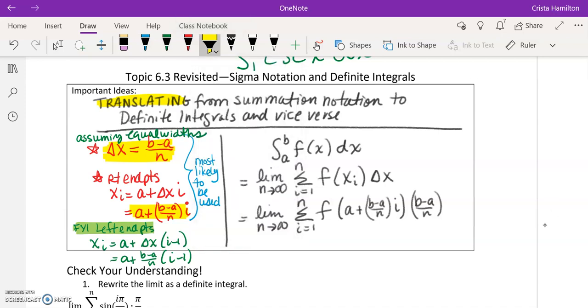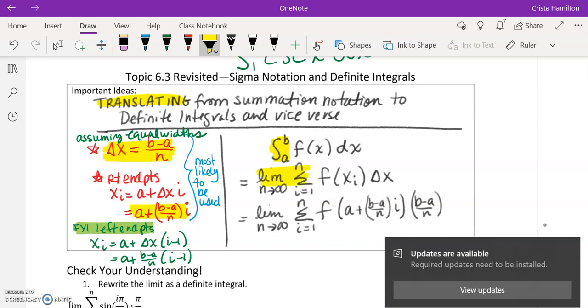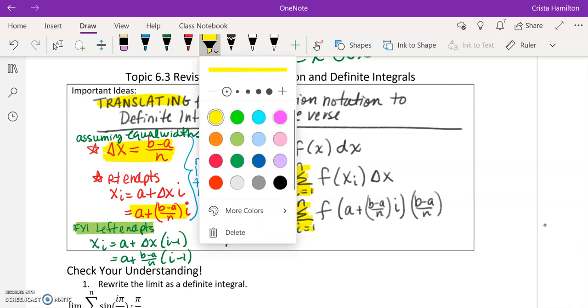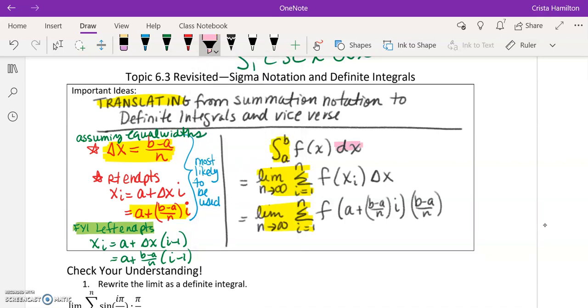So over here, these things are all equal to each other. I'm going to highlight them. Your integral from a to b is this limit of a sum notation that we have. That's this portion right here. The second thing is understanding that the delta x matches the dx up here.